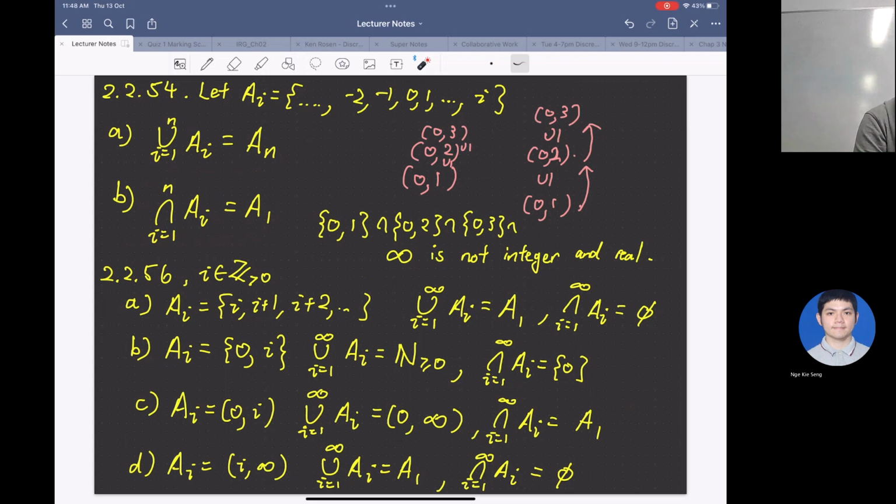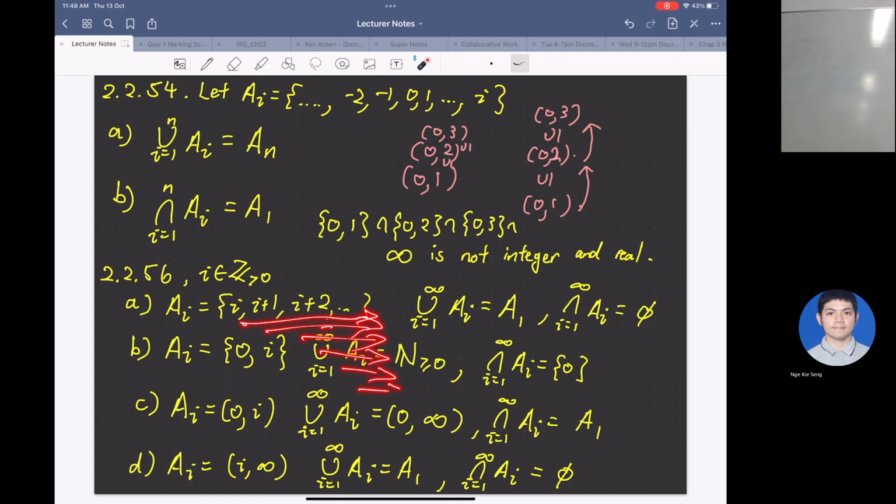And then the next one, we try with different sets A_i. For part A, it starts from i and then goes on forever, integers. So if you take the infinite union of these, you will just get A_i, because A_i is the largest one, right? If you take the intersection, this one is getting smaller towards infinity.